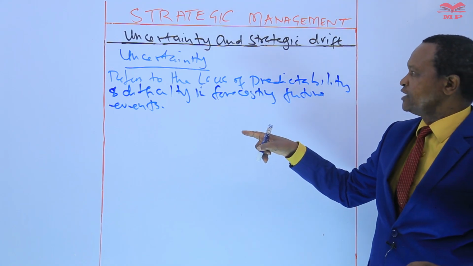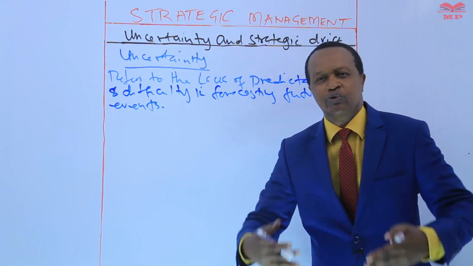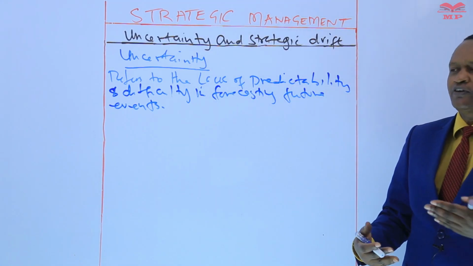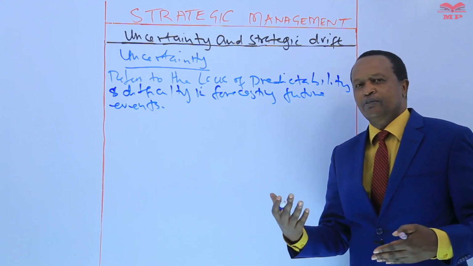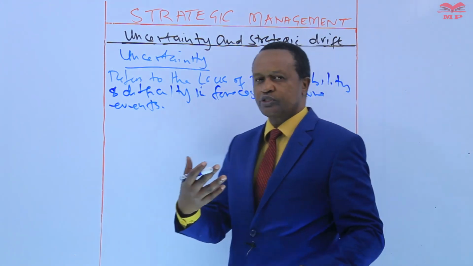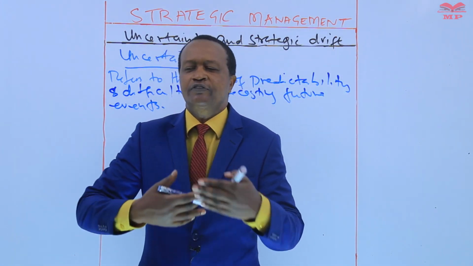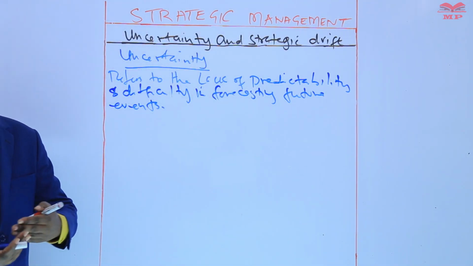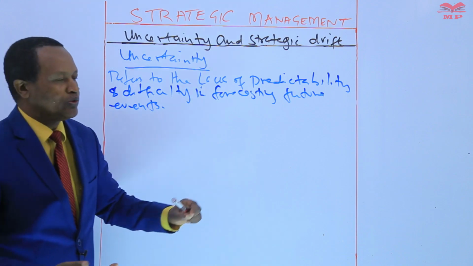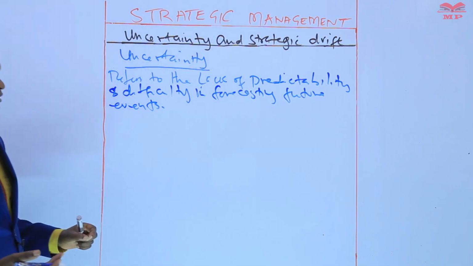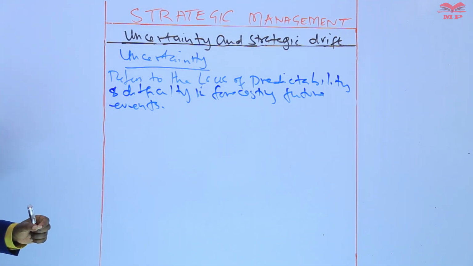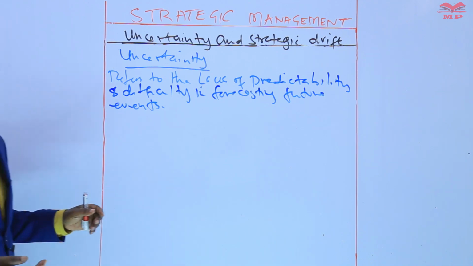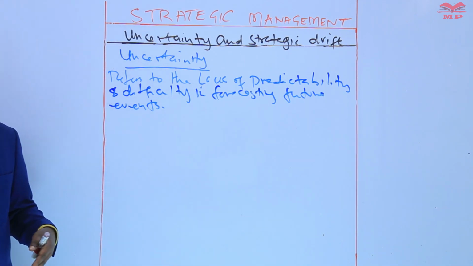Then there is unpredictability in relation to the internal environment. There could be factors like employee turnover, technology disruptions, shifts in organizational culture, which can also contribute to internal uncertainty. You understand? Other factors are just complexities.